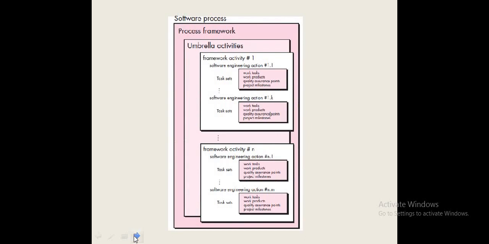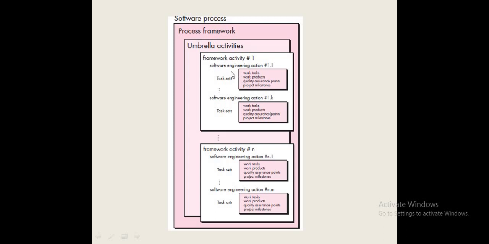This is the arrangement of a software process. Here we can see there is a process framework, then some umbrella activities. Here we have different activities. This is framework activity number 1, and there will be many activities in between, and the final activity is shown here, that is framework activity number n. Inside each framework activity we have different actions to be carried out, and each action consists of task sets.